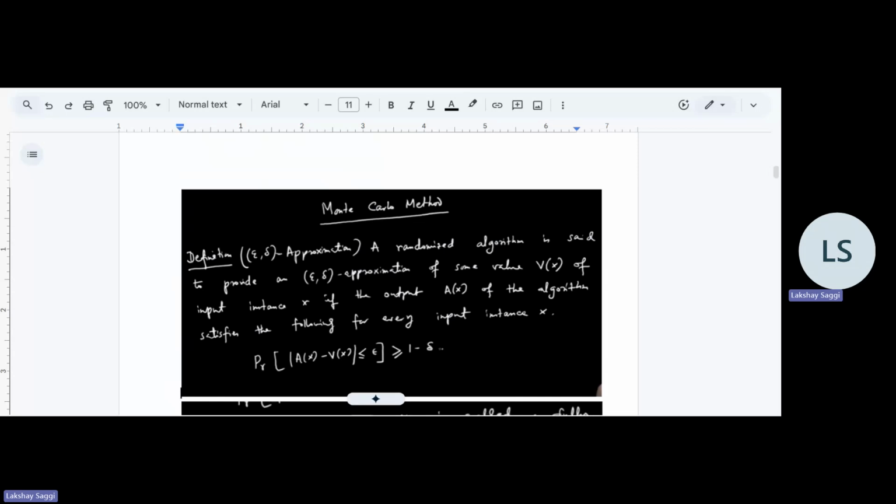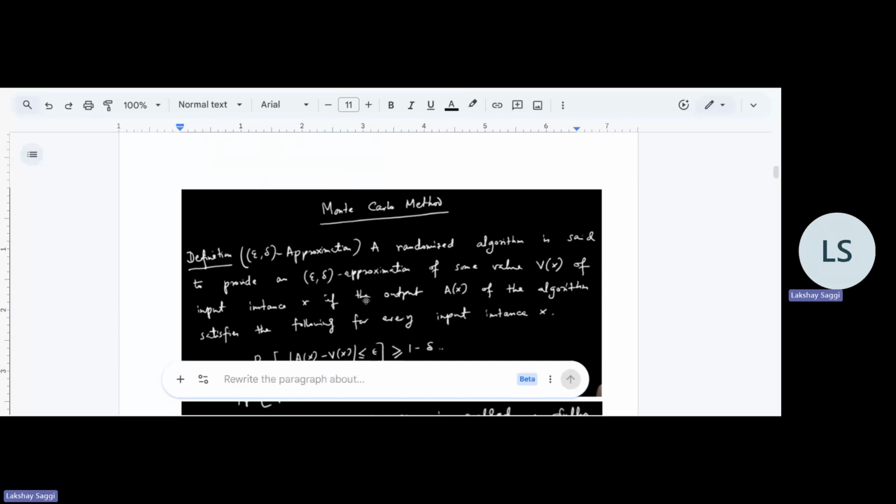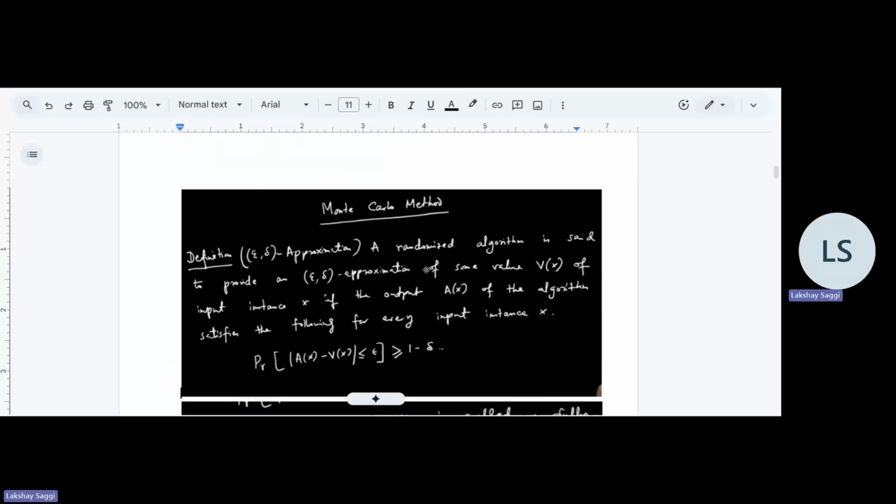We have to estimate this, and suppose our algorithm gives the output A of x.